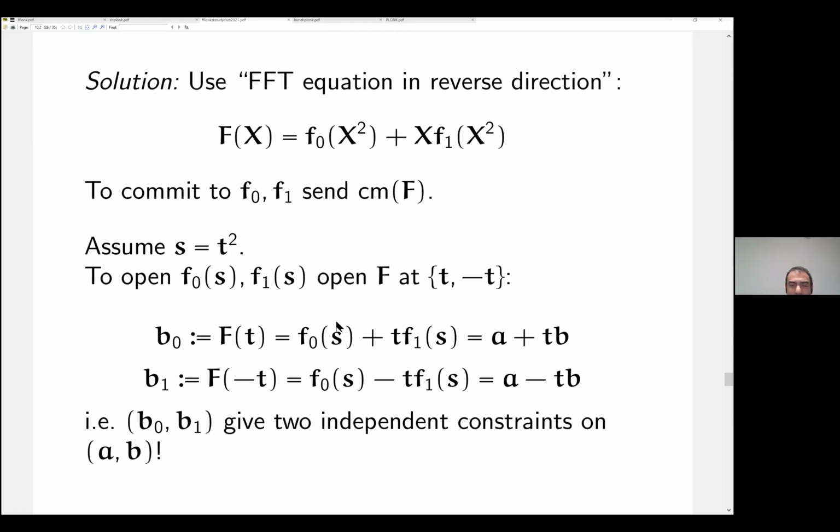Well, there are some questions that come to mind when you see this that I'll get to soon. One question is why, instead of opening many polynomials, maybe change your SNARK to use fewer polynomials.